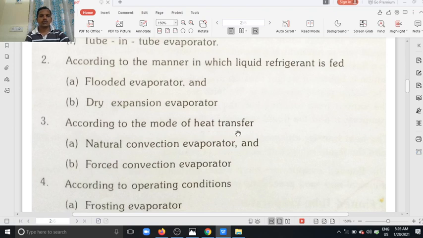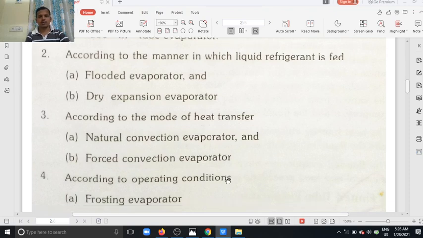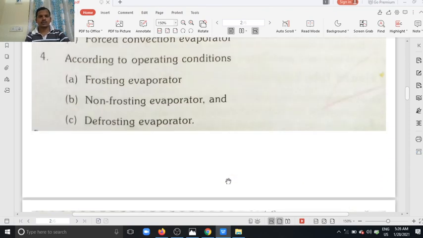According to the mode of heat transfer, natural convection and forced convection. According to the operating conditions: frosting evaporators, non-frosting evaporators, and defrosting evaporators. These are the different classifications.